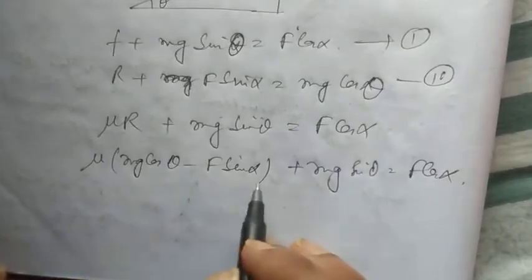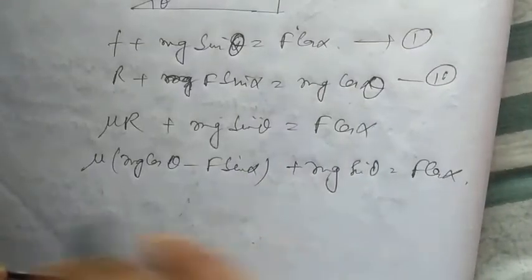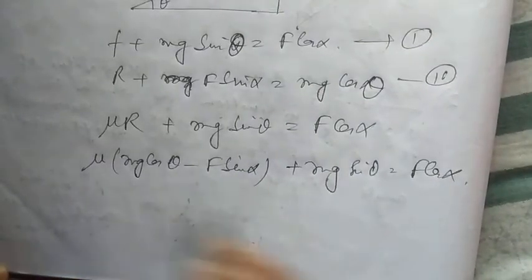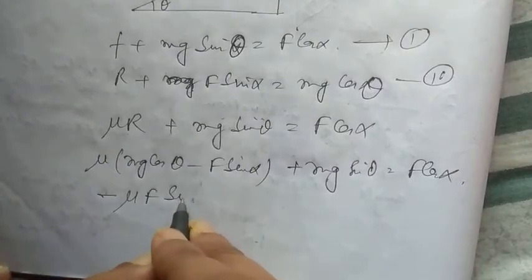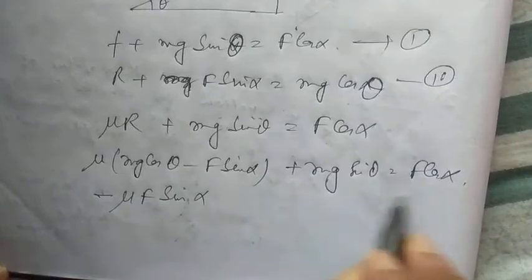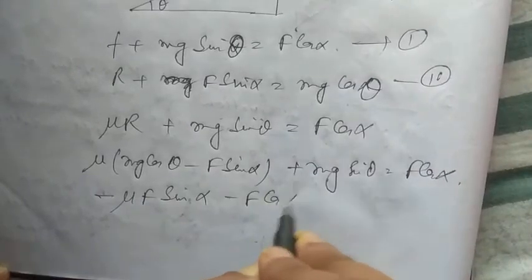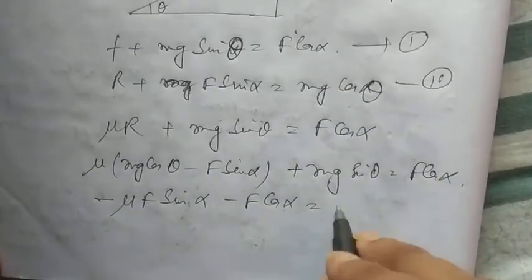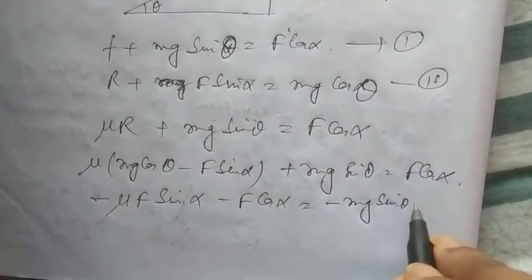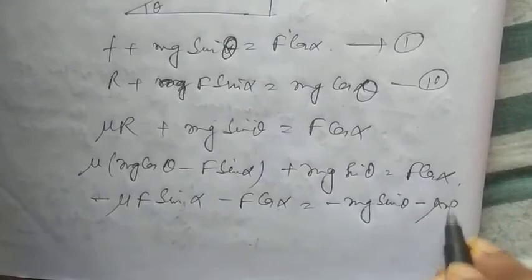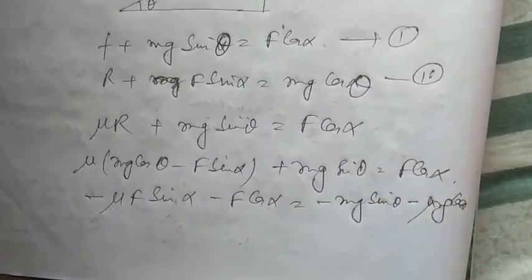Now bringing the terms of F onto one side, we get minus mu F sin alpha minus F cos alpha, and bringing all the mg terms onto the right hand side, we get minus mu mg cos theta.